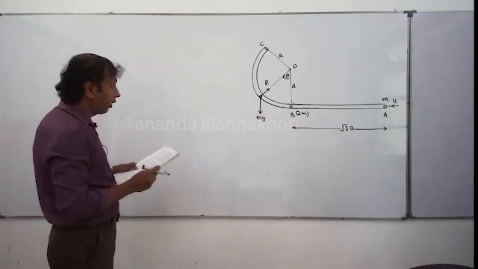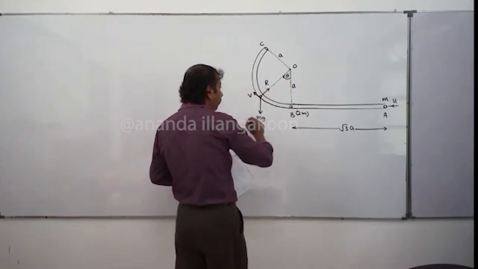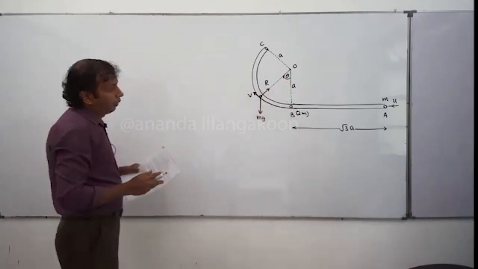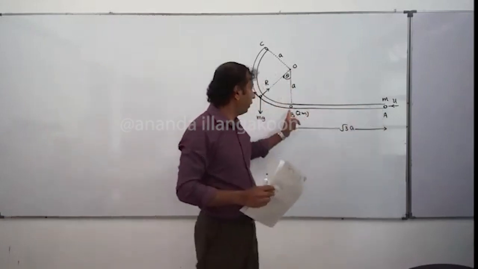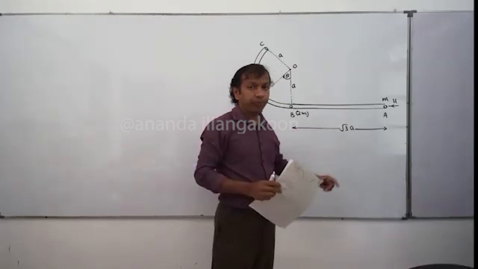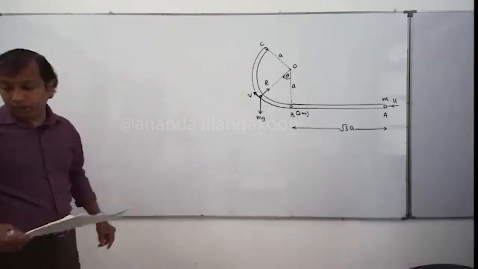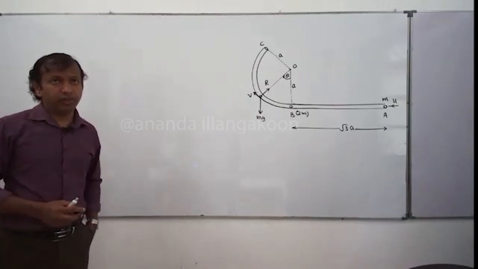Right, let us take the velocity along the tangent here as v. Now this particle comes to the point B with the same velocity u because this is smooth. Then we can apply conservation of linear momentum to find the velocity of the composite particle.